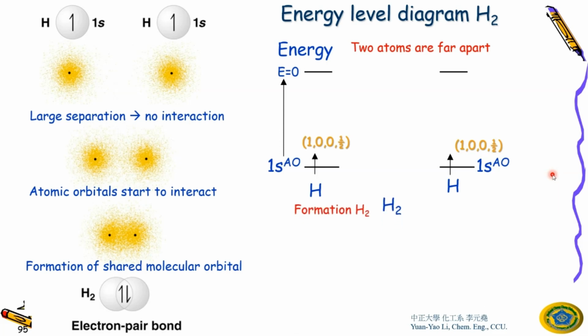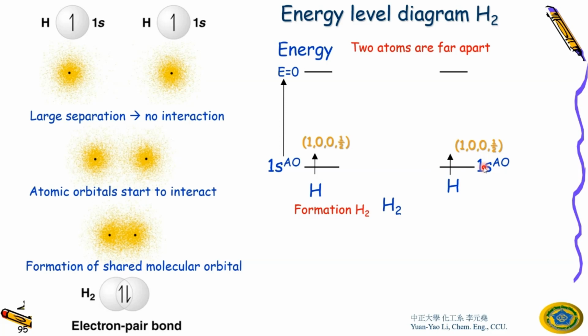Once we make these two atoms get together, we will form the hydrogen molecule. When we form the hydrogen molecule, we have to follow two rules, right? The first rule is the conservation of energy states. That means you have one energy state, and another energy state, and when you put these two together to become a molecule, you have two energy states.